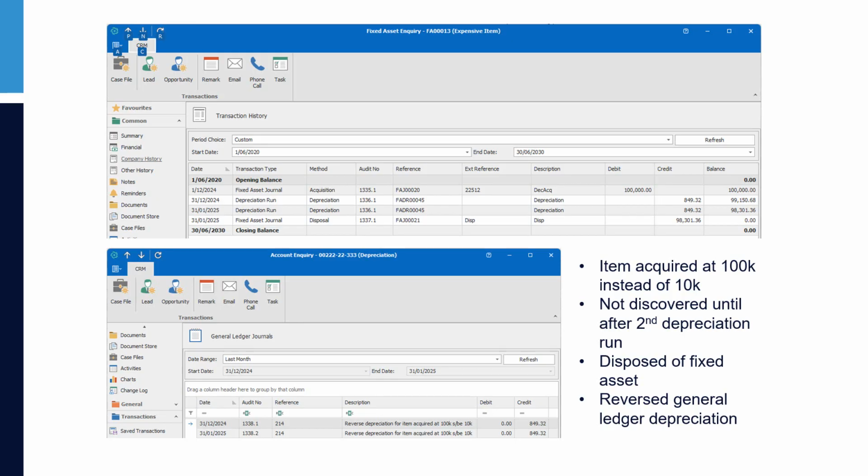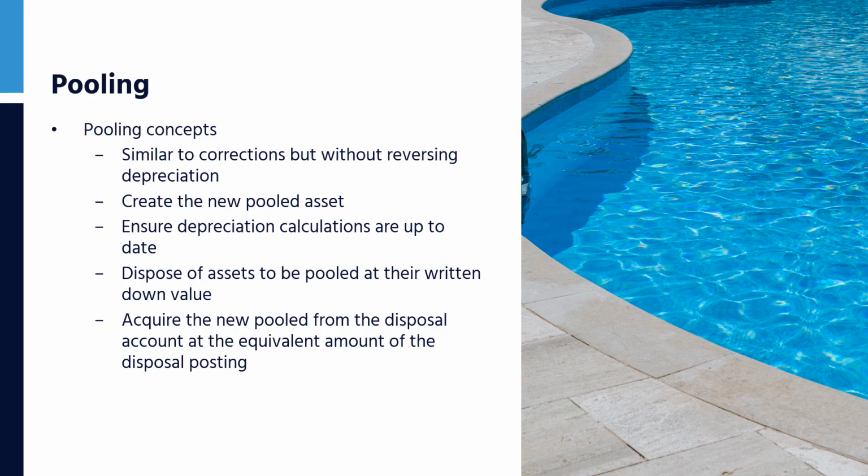So in this case, it'll be putting the asset in again at the correct value, and obviously dealing with that $90,000 variance that I've created through that initial process. So a little bit of a contrived example, but just taking you through that concept.